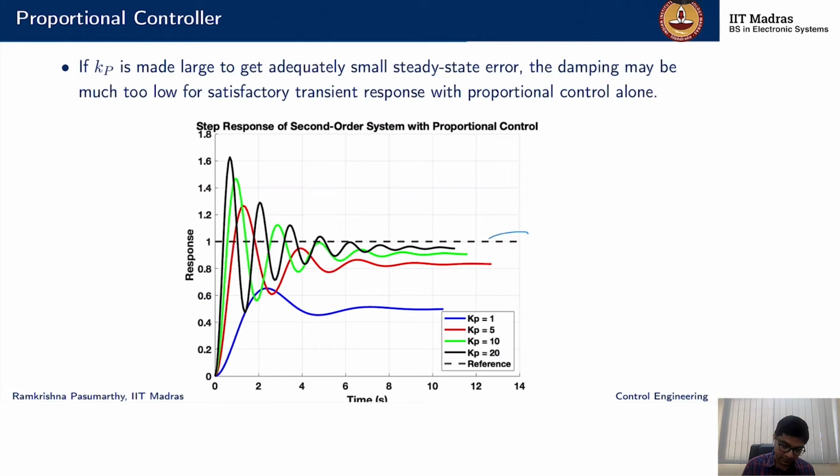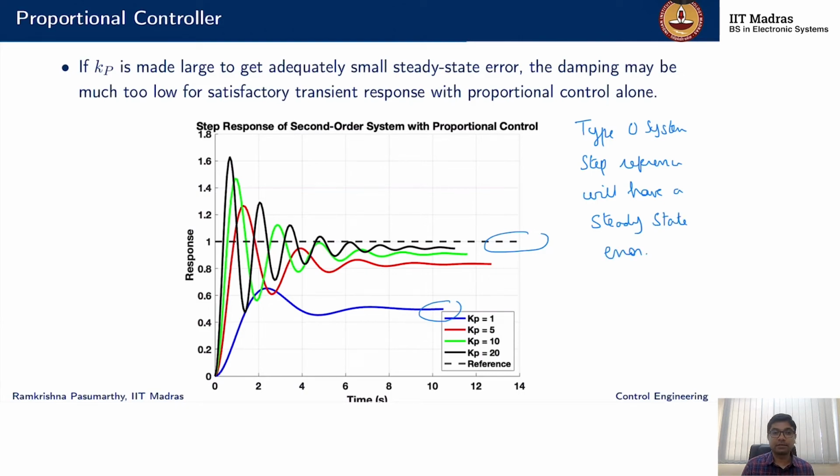So this is my reference. Kp is 1. Again, mind you that this is still a type 0 system. Okay, so type 0 system, step reference will have a steady state error. Okay, we'll see how this error changes, right?